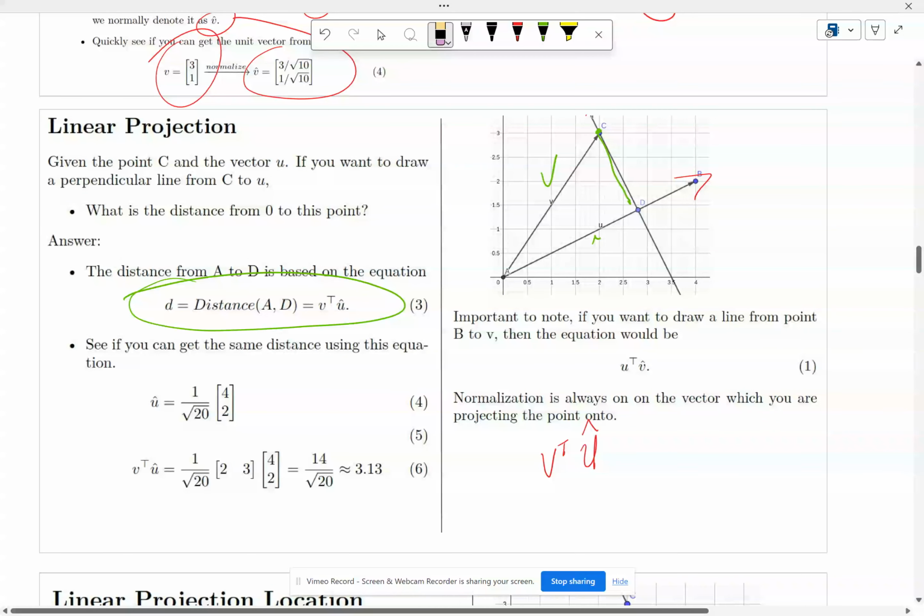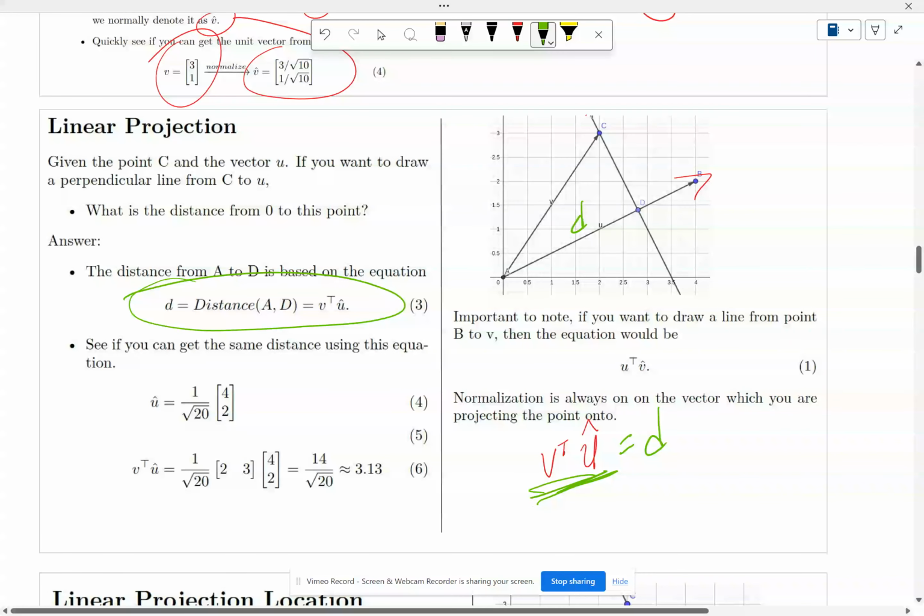So if you're drawing a line from v to u, first thing you do is you normalize u. Once you normalize u, you take the dot product between u hat and v, and that gives you the distance. So the equation for this is just the inner product.